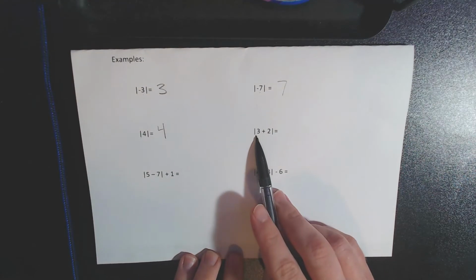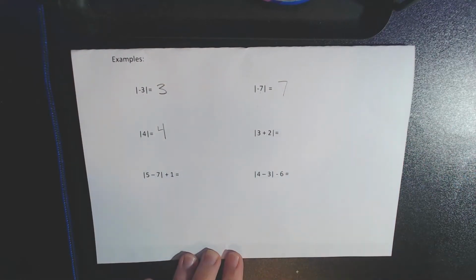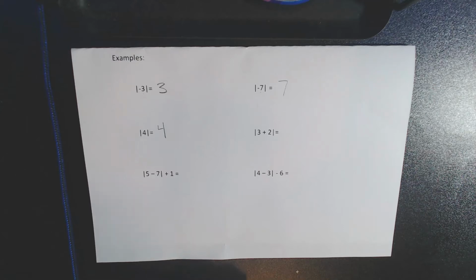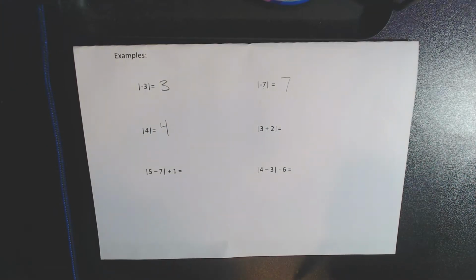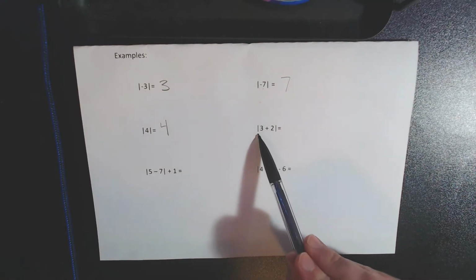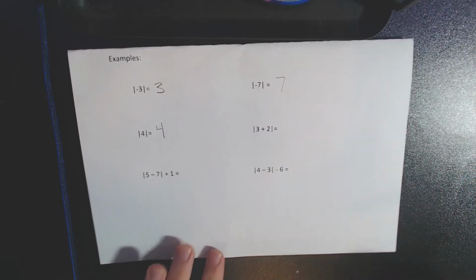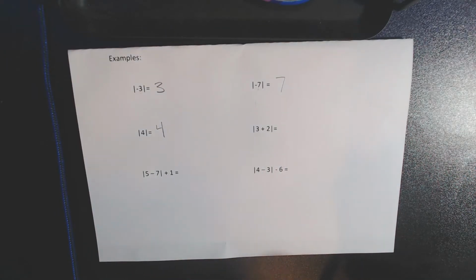Let's look at a few more examples where there are a few more operations going on. We have here the absolute value of 3 plus 2. Now, this is an order of operations thing. What are you going to do first? Are you going to add these two numbers first, or are you going to do the absolute value? Well, these bars function like parentheses do.